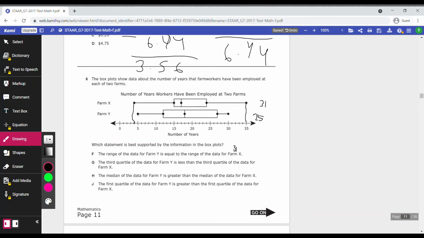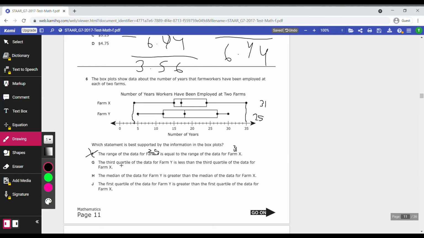So if 25 is the range of farm Y, they're not equal, so this statement is false. It says which statement is best supported, so this is not best supported.